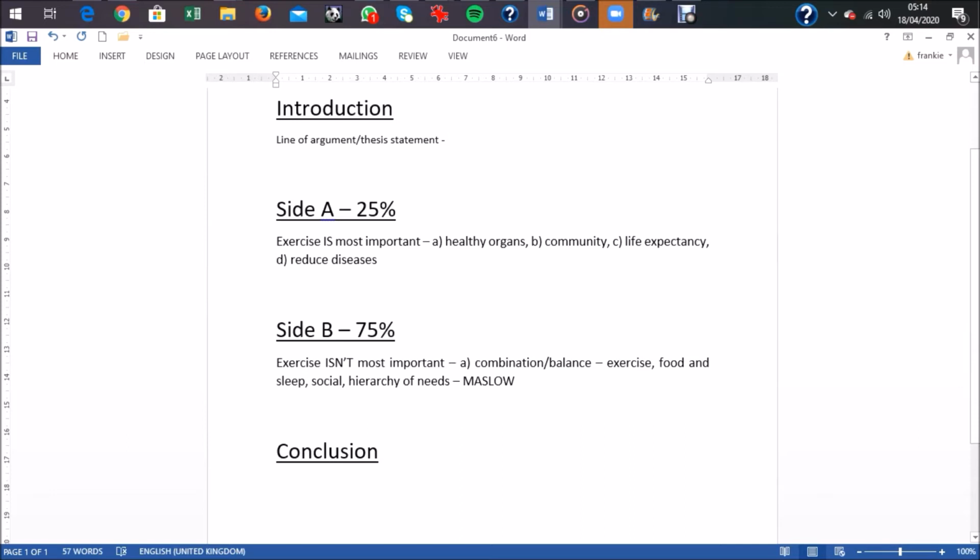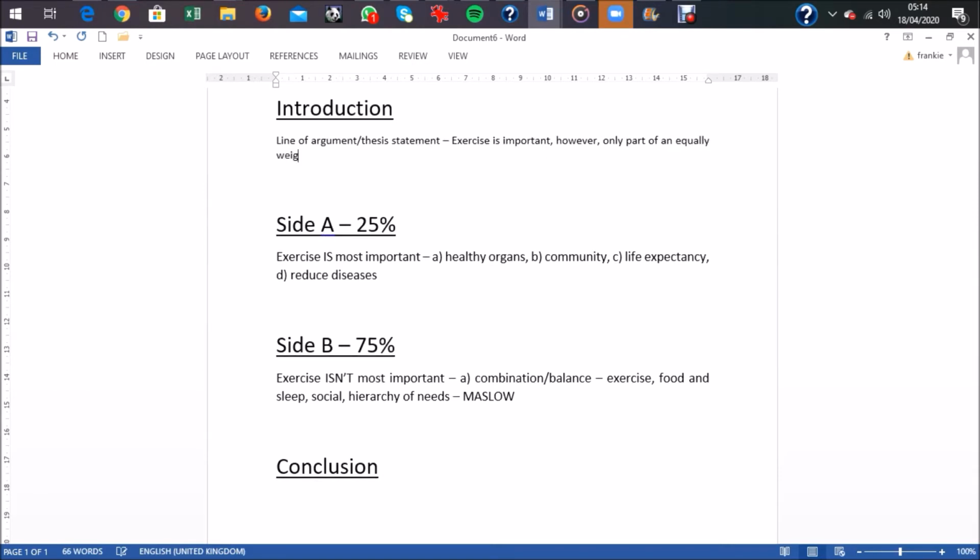So in this case, you could say something like exercise is important, however, only part of an equally weighted combination of factors. So from there, guys, we need to really get the structure a bit tighter for side A and side B.